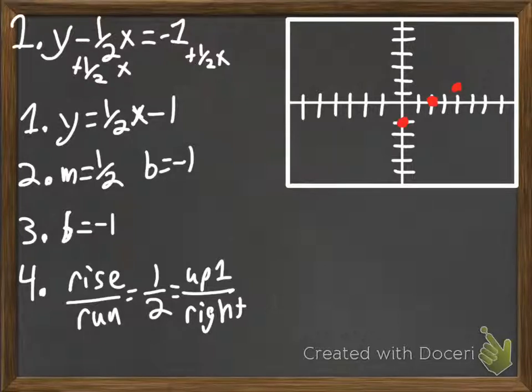And you know what? I'm going to fix my graph so it's a lot neater. Let's say that there's our first point. So let me get rid of that. So we go up 1 over 2 to right here. After we put our 3 points, we draw a line through those 3 points.